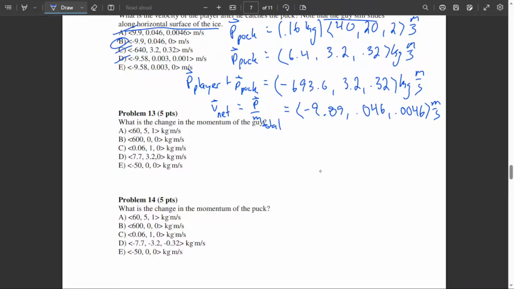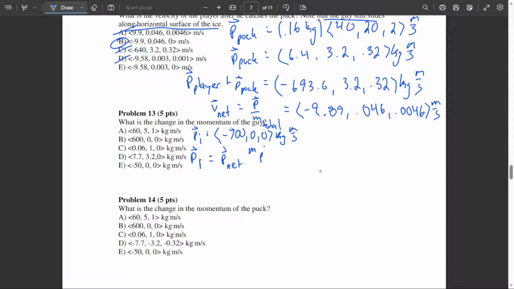So, first let me just copy down the initial momentum, and then the final momentum. That's going to be equal to momentum of the puck and the player. I'm going to call that P net, and then multiply that by the ratio of the mass of the entire system to just the player.